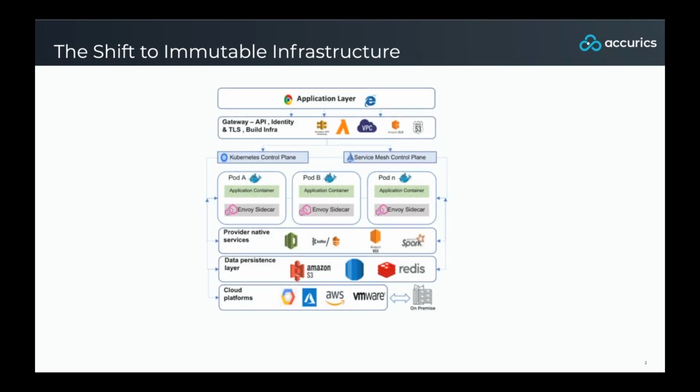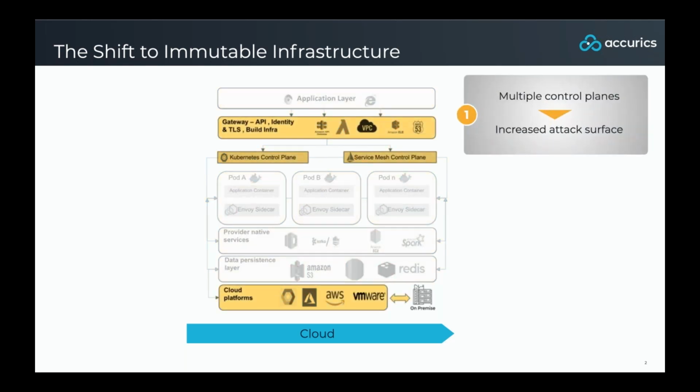When we shift to a cloud environment, we usually have a very complex stack, and provisioning of that stack needs to be automated and immutable if we want to make sure that the quality and the reliability of our system remains consistent. What complicates this problem is that in a cloud environment, we have multiple control planes, and this increases our attack surface from a security perspective.